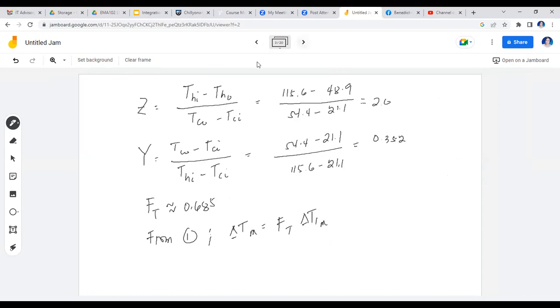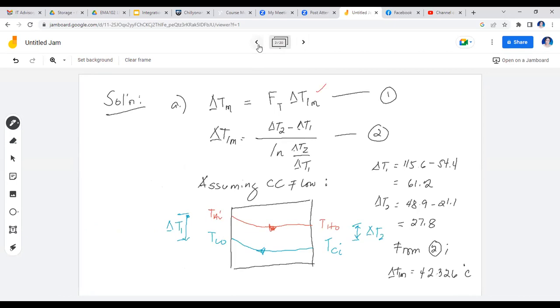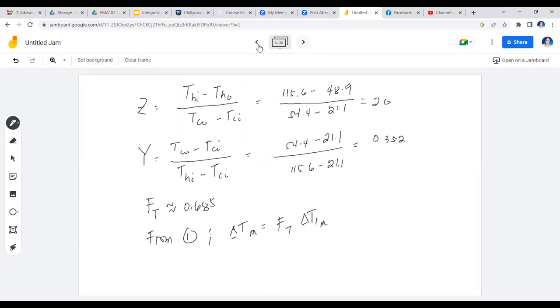So your 0.685 need only be multiplied to 42.326. So you will have around 29 for the delta T mean, so 29 degrees Celsius.